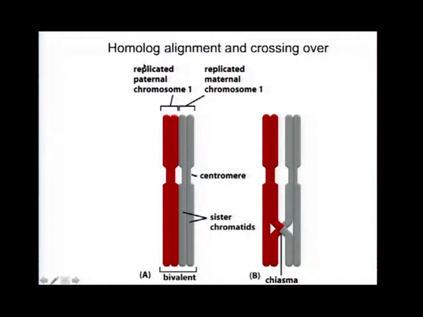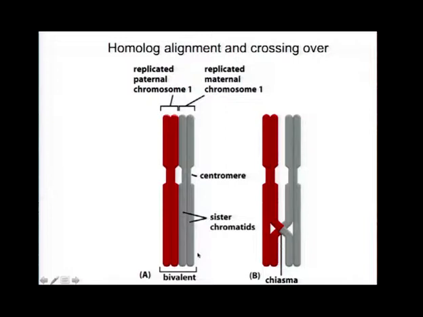In other words, if we have here replicated chromosome 1 from the paternal side in red and the maternal side in gray, with the centromere, one of these in one color is basically the sister chromatids. The pair of chromosome 1 from mother and father together is known as a bivalent. All right? And it's just those two of them together.